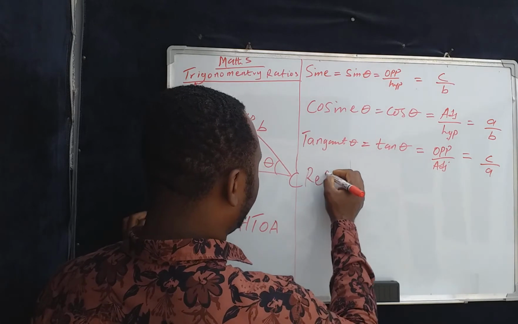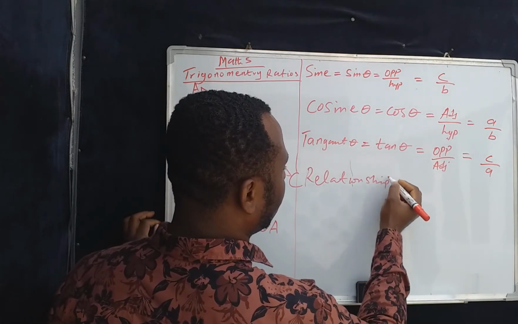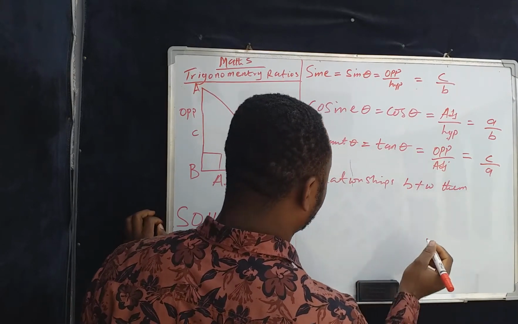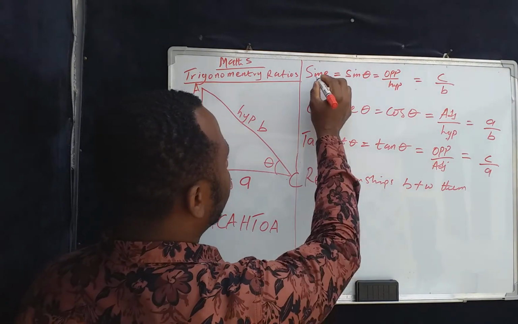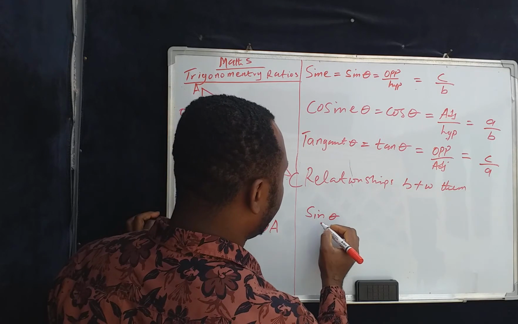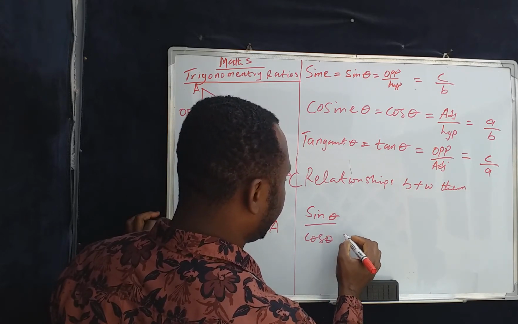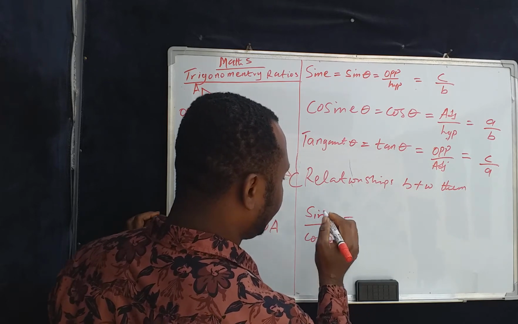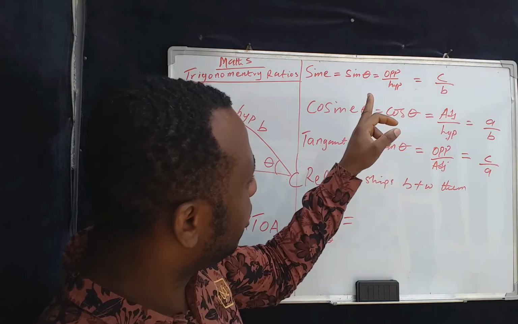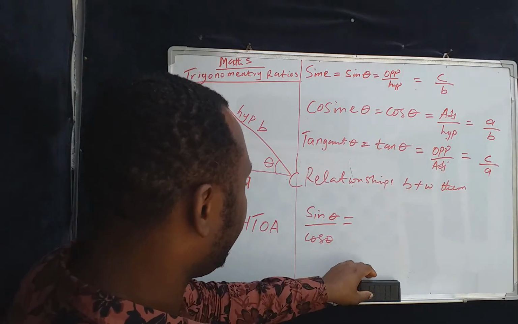Relationships between them. Now, sine theta over cos theta equal to, remember, sine theta is what? Opposite over hypotenuse. And cos theta is what? Adjacent over hypotenuse. Which is going to give you what?